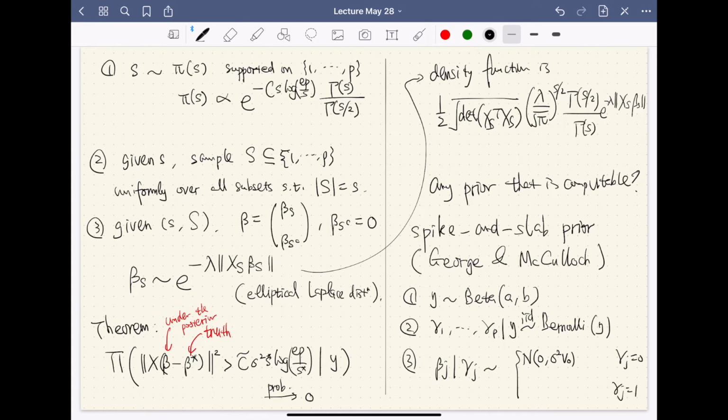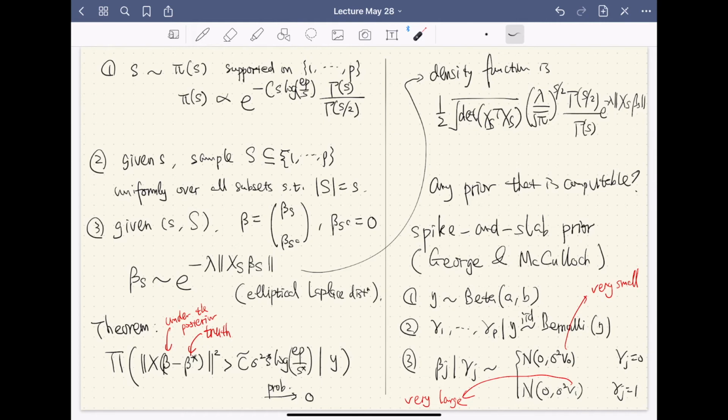Otherwise, you sample from a Gaussian with variance sigma square times v1. You take v0 to be very, very small, and v1 to be very, very large, because you use a Gaussian distribution with an extremely small variance as an approximation for 0.